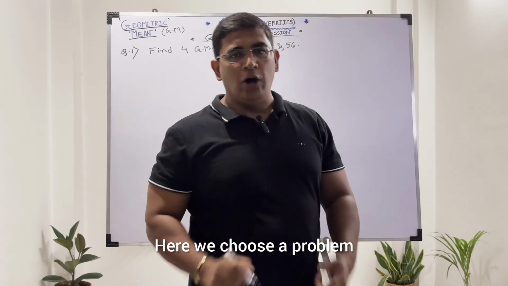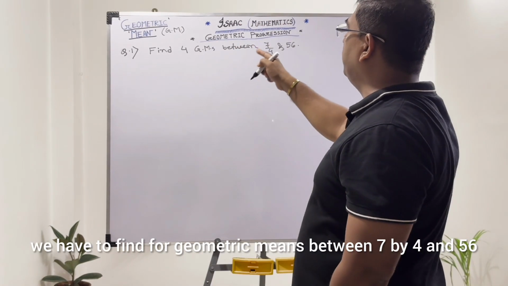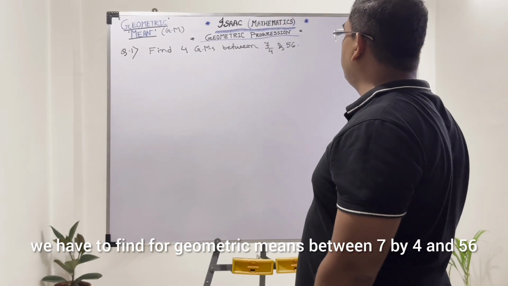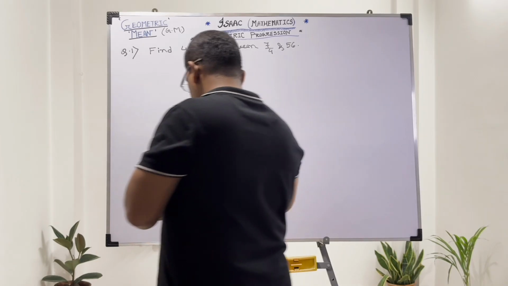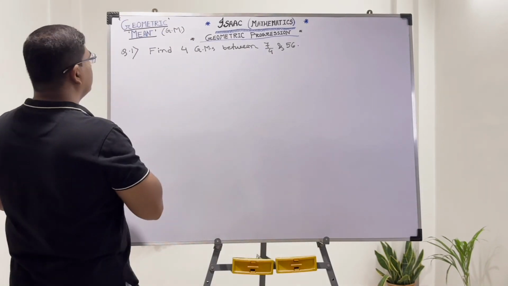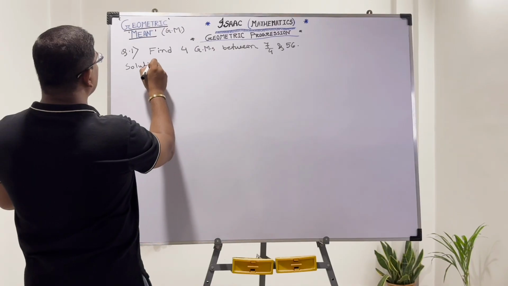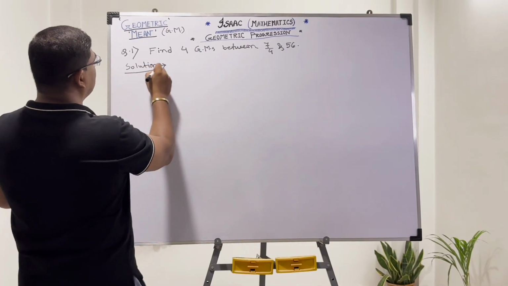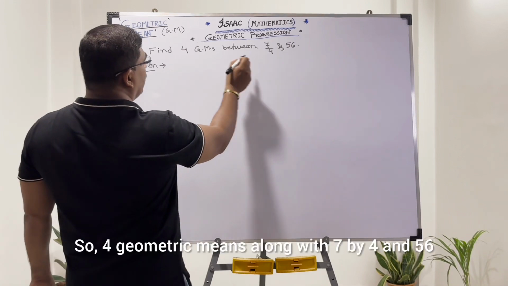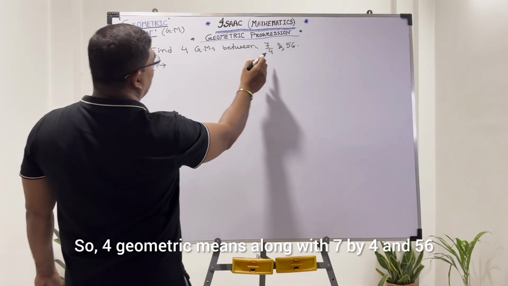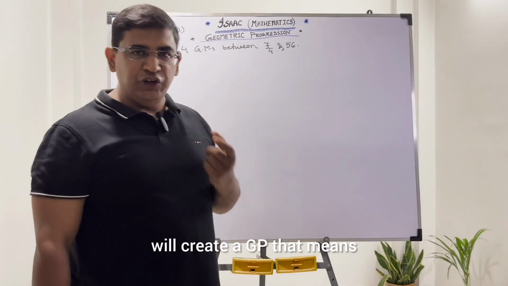Here we choose a problem. In this problem, we have to find four geometric means between 7 by 4 and 56. Okay. Solution. So, four geometric means along with 7 by 4 and 56 will create a GP.